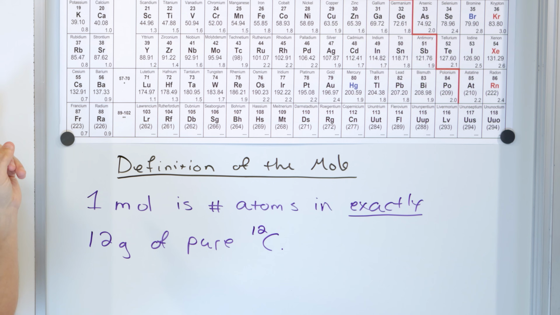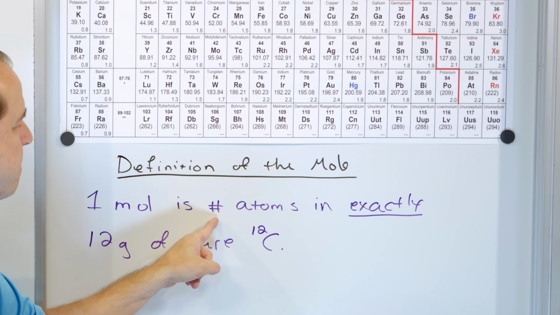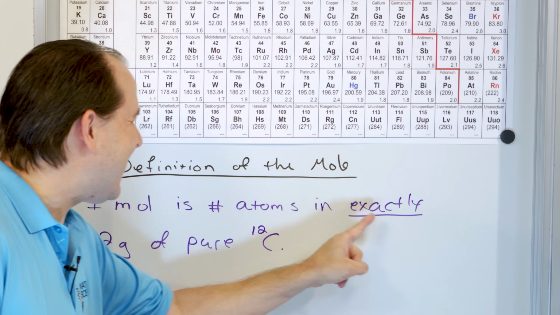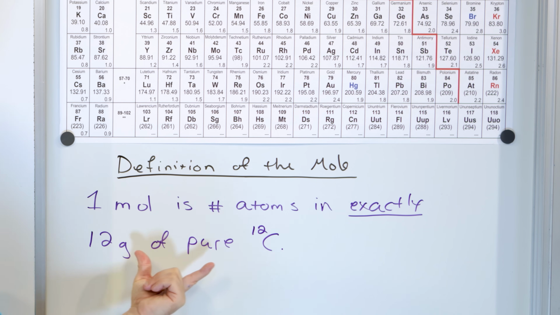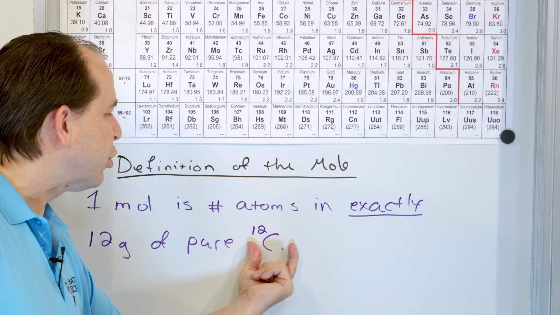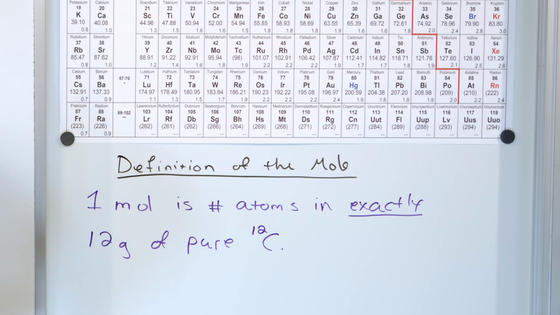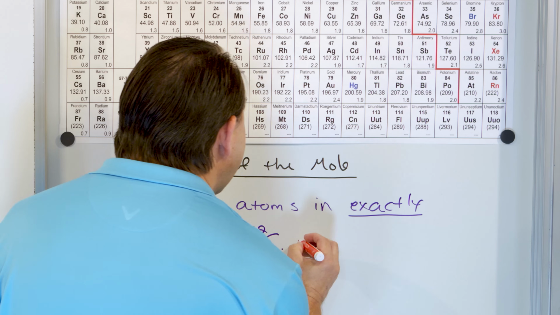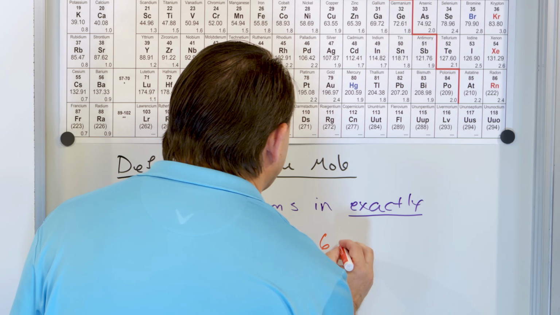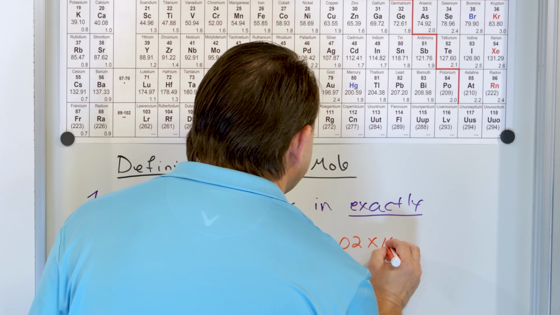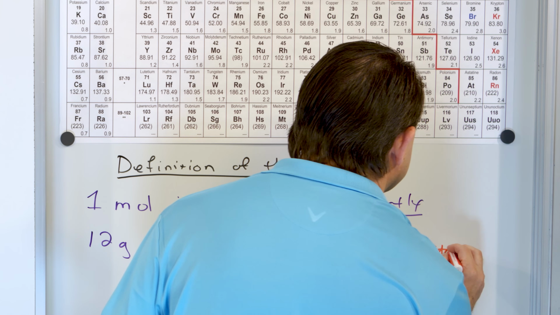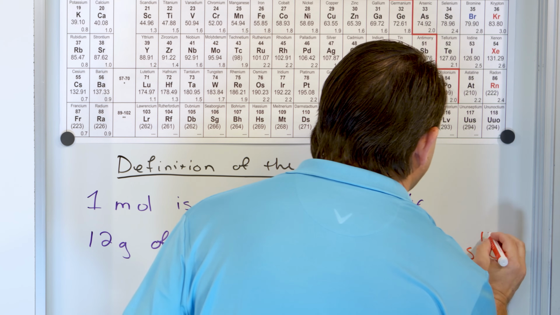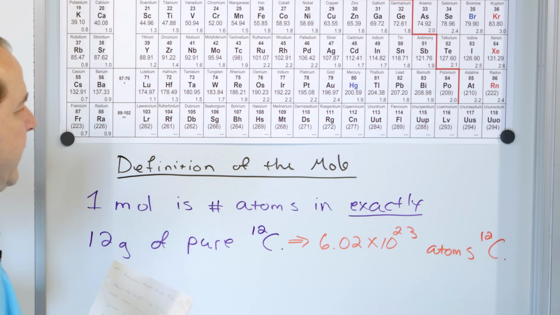The mole is defined to be the number of atoms in exactly 12 grams, as good as we can measure it, of pure carbon. Pure carbon, and this form of carbon, which is the most common form of carbon. And that means that this is 6.02 times 10 to the 23rd atoms of carbon-12. This is the most common form of carbon in your body, right? With 6 protons and 6 neutrons.